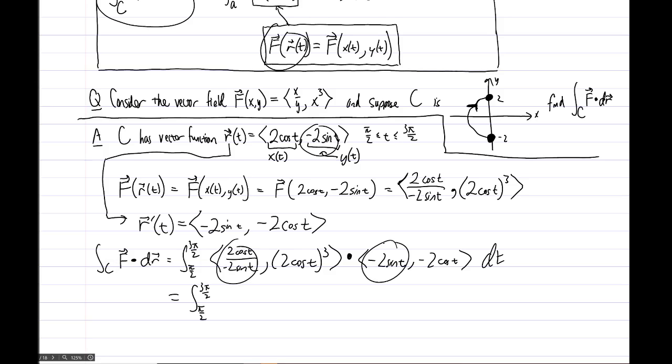So this times that, you know what? The negative 2 sine of t's cancel out. So we're left with 2 cosine of t. And then plus 2 cosine of t quantity cubed times negative 2 cosine of t.